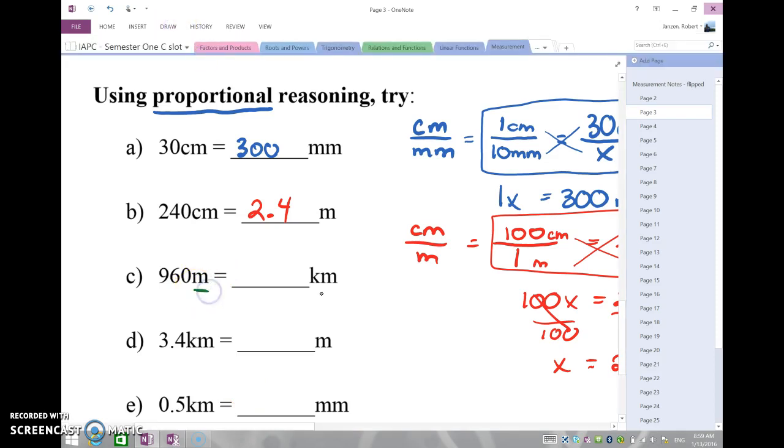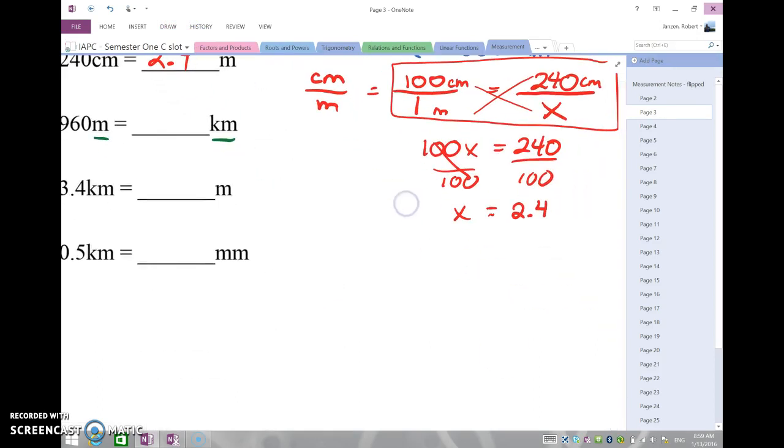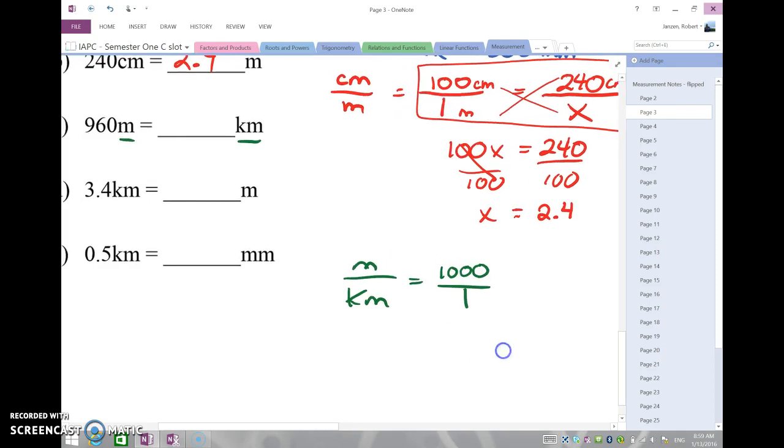It's meters compared to the second unit, kilometers. So we'll set up a ratio. Meters compares to kilometers. What's our given ratio? Well, I think it says 1 kilometer is 1,000 meters. So what I'm going to do now is put 960. Where does 960 go? Top or bottom? Well, 960 meters, I started off with meters on top, so I leave 960 on top.